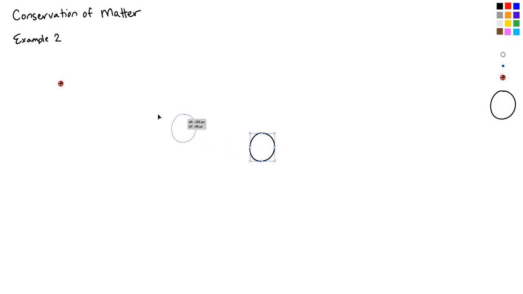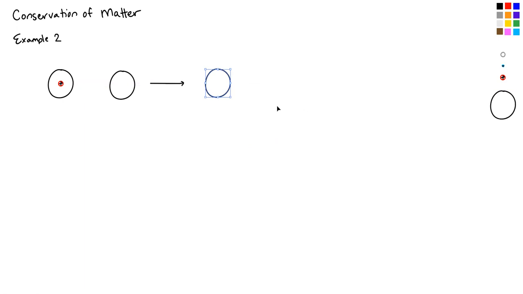Let's maybe draw our actual atoms first. So we're going to have 1 here, and we're going to add another 1 here. And then we're going to have our reaction arrow. And then we're going to have another atom as our product. Okay. And in our first atom, we're going to have an atom that has just one proton and one neutron.